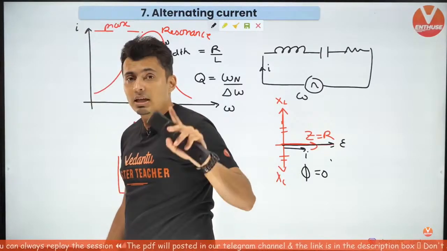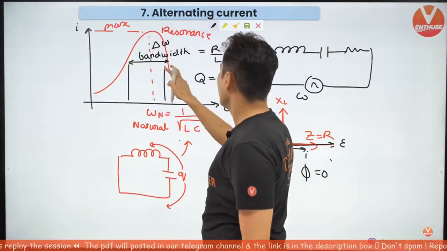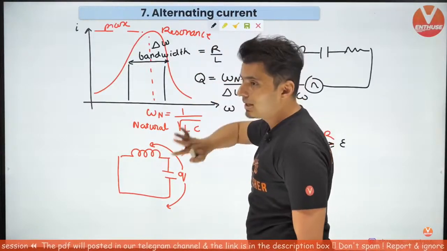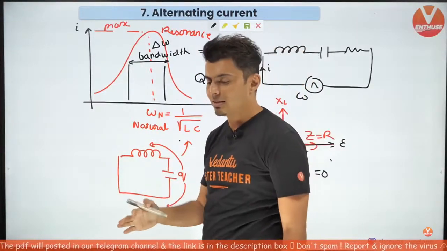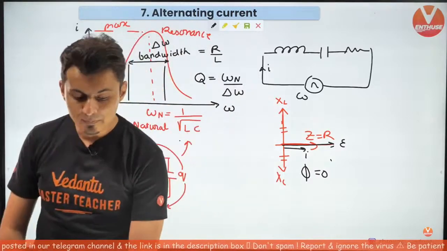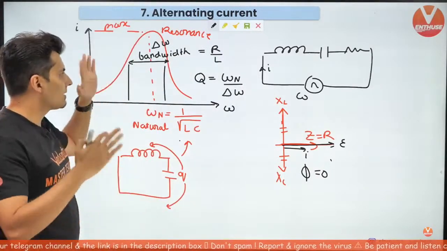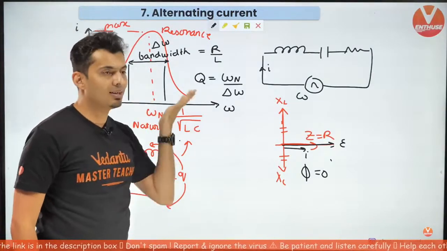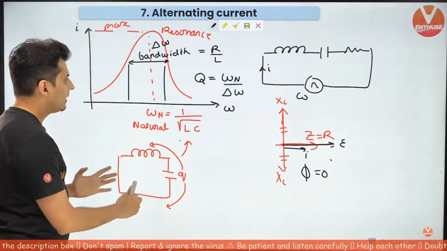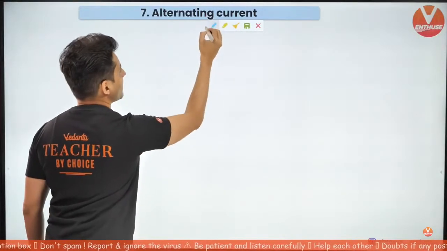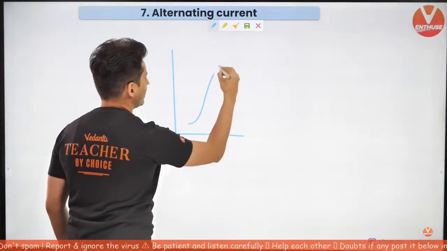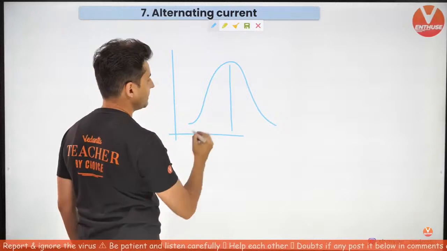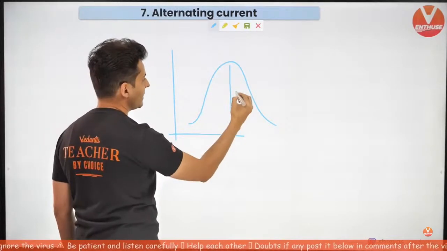Now in your NCERT, they have given the bandwidth as 2 delta omega. I don't know why they fancy this 2 so much, but if you remember what bandwidth is, you don't have to remember whether it was 2, half or something else. What they have done, I'll tell you. This is the natural frequency, maximum current.